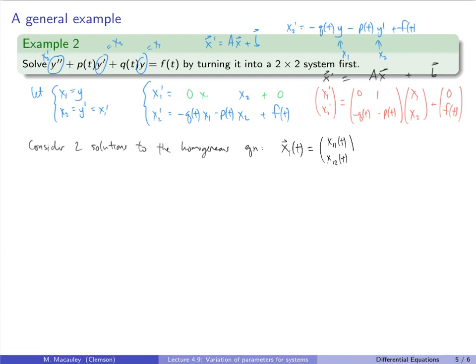And by definition, since this is a vector of x1 and x2, x1 is some function y of t, I'll call it y1 of t, and x2 is its derivative. So y1 of t comes up here, and y1 prime of t comes up here. So notice that by construction, y1 of t solves the homogeneous version of this ODE.